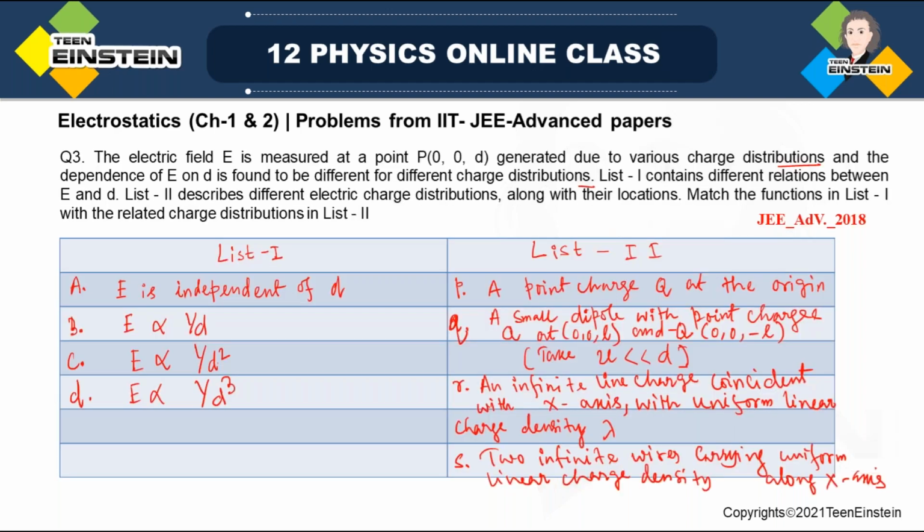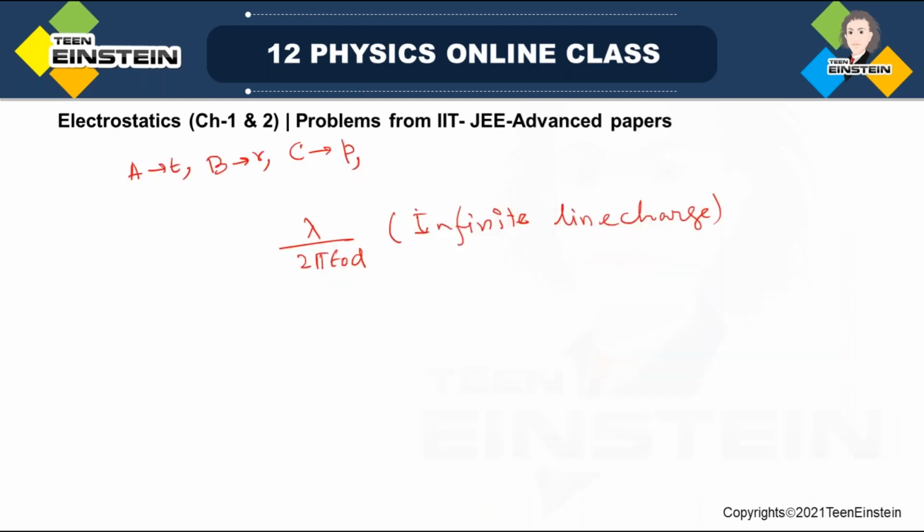So for dipole only, electric field is inversely proportional to the cube of the distance. So D will be matching with Q. That is true.